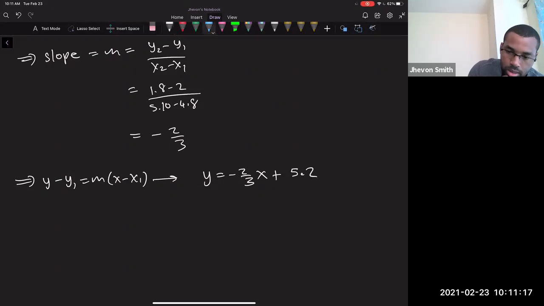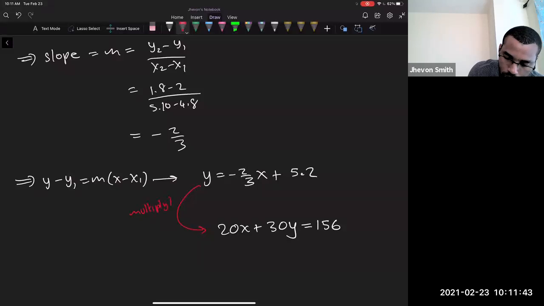And again, what I did was rewrite this thing as 20x plus 30y equals 156. So again, multiply by 30 and rewrite. Get that.